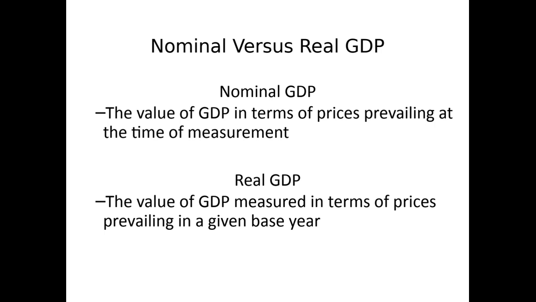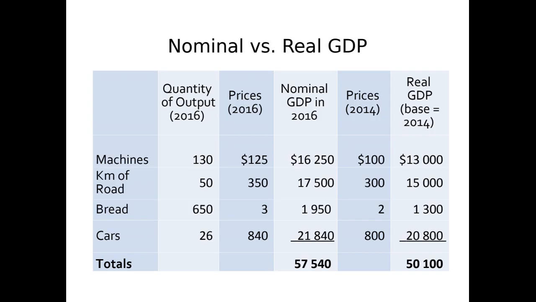So this is a simple example. Instead of taking 5,000 goods and services, I've taken only four: machines, kilometers of road, bread, cars. And these are units, quantity of output in 2016. Prices for these goods are given also in 2016, the same year.